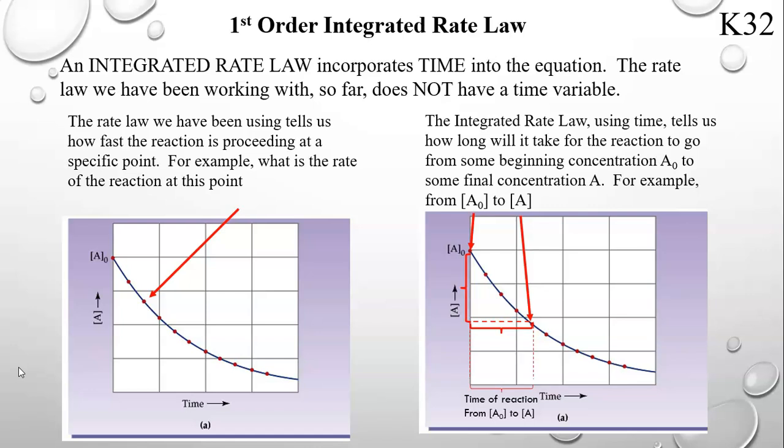The integrated rate law using time tells us how long it will take for the reaction to go from some beginning concentration of A0. And again, A0 doesn't really have to be right at the beginning of the reaction, but let's just say it is to keep it simple. From the beginning concentration A0 to some final concentration A. So that's going to take a certain amount of time, and that's what the integrated rate law allows us to deal with.